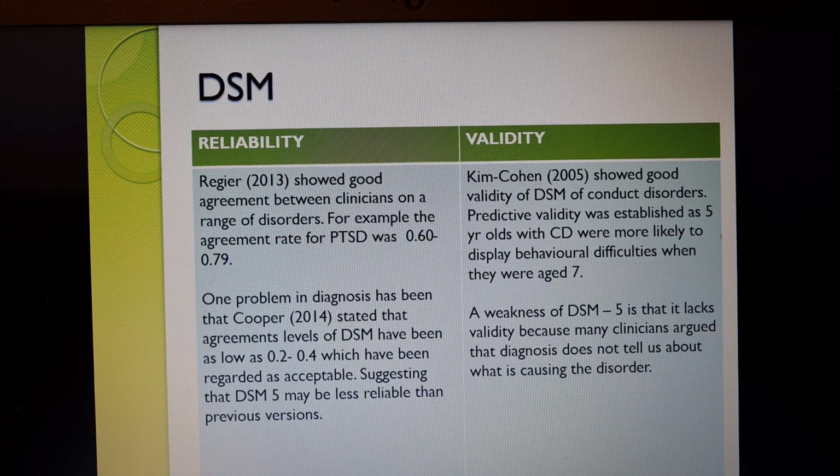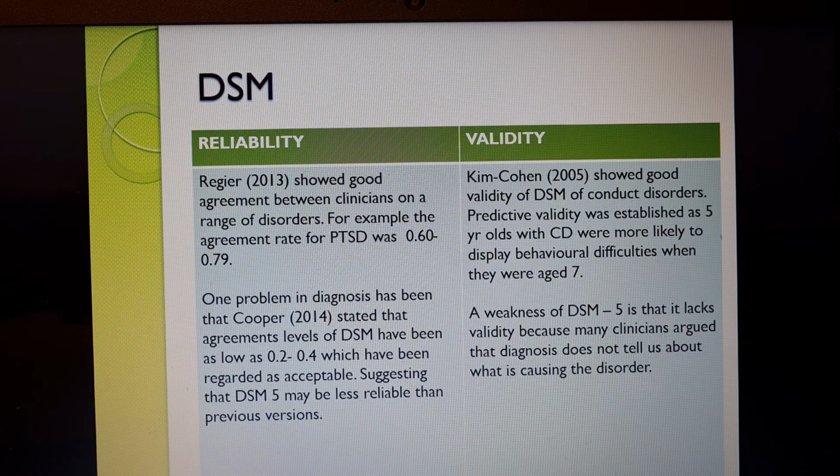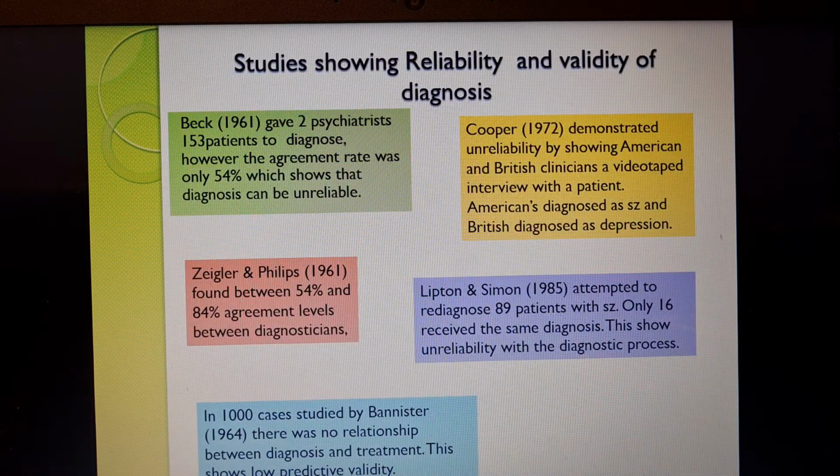So again, going back to the idea of predictive validity, you should be able to diagnose somebody and then be able to predict their behavior, which shows the validity of your diagnosis was high. And a weakness is it does lack validity, because many clinicians argue that diagnosis doesn't tell us much about the cause of the disorder. So it might tell us what's present, but it doesn't really tell us the origin and where that disorder started from.